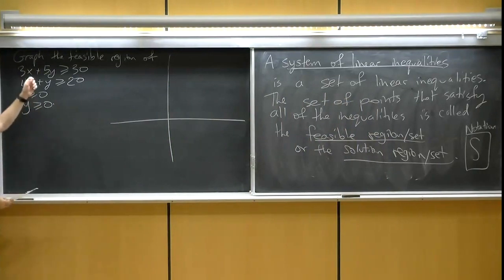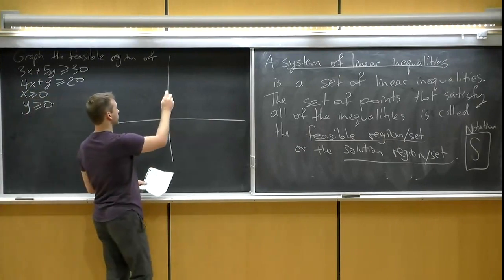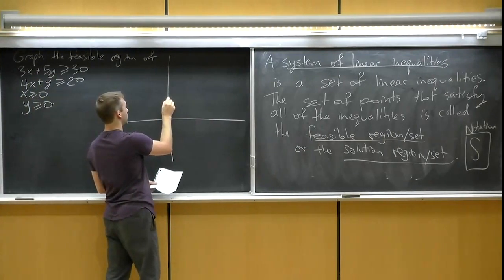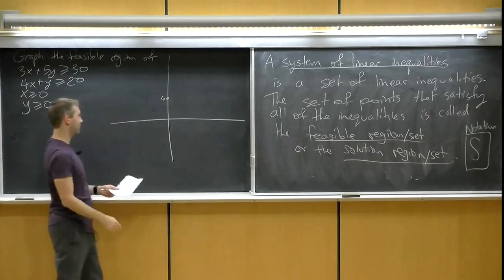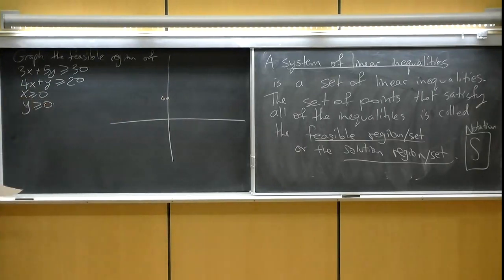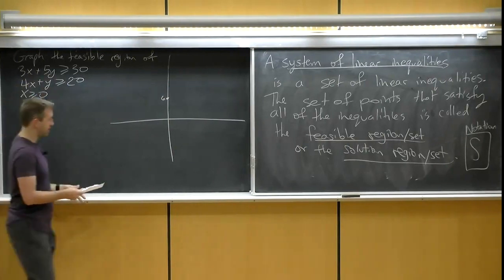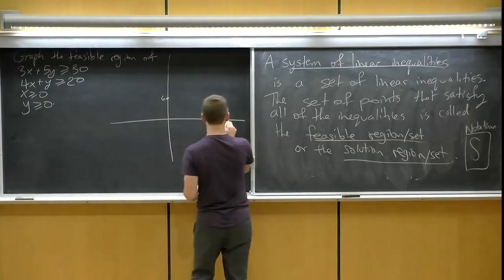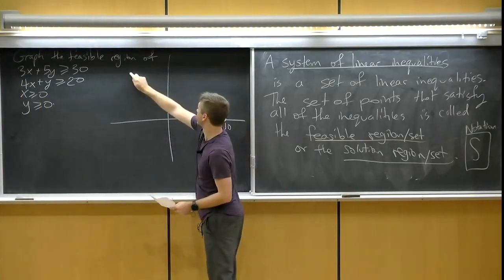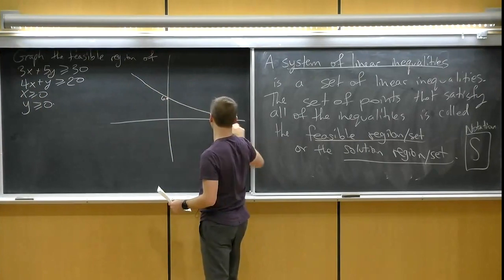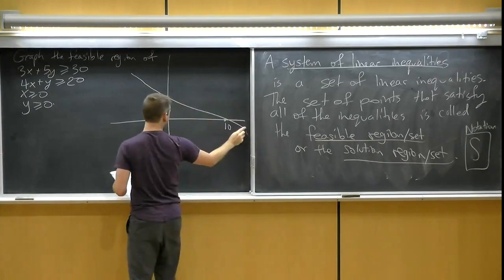So if I wanted to draw this line, if I put x equals 0, then y would be 6. So let's say 6 is around here. These don't have to be perfectly to scale. When y is 0, x is 10. And your lines don't have to be perfectly straight either, obviously.